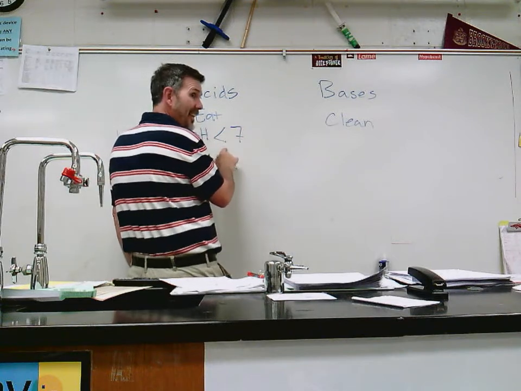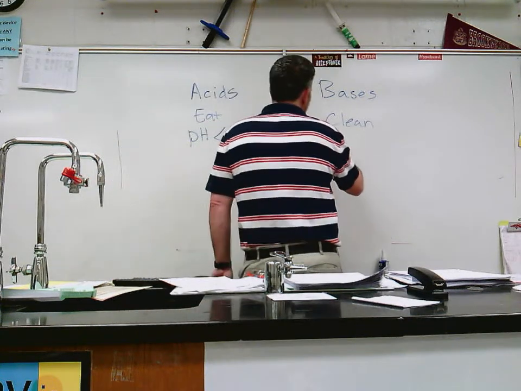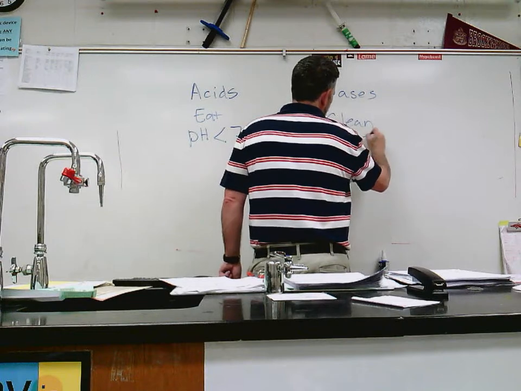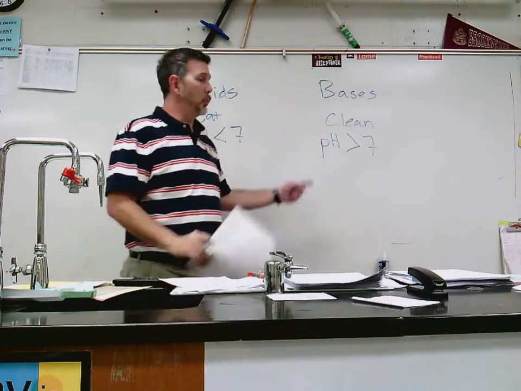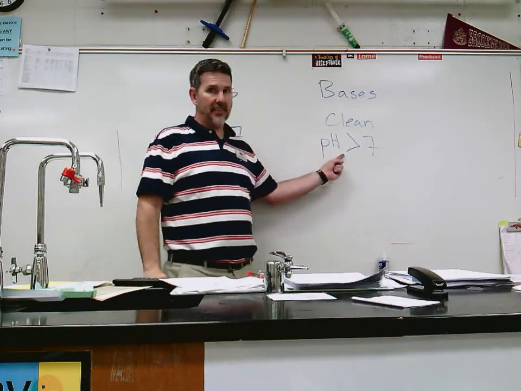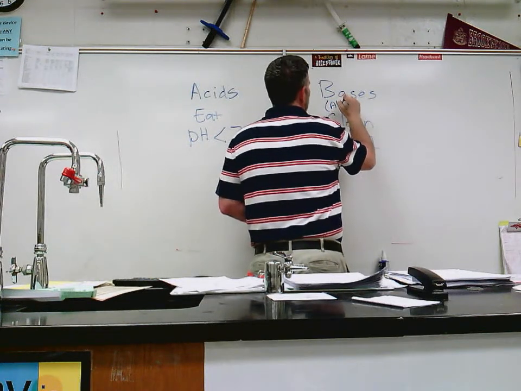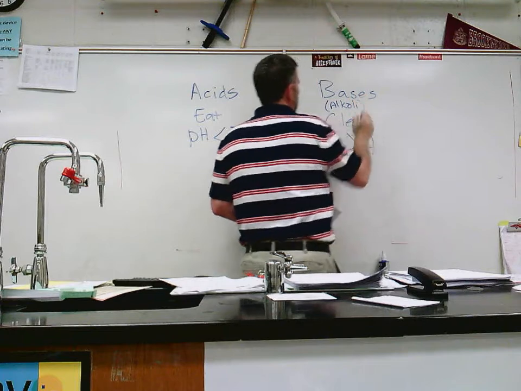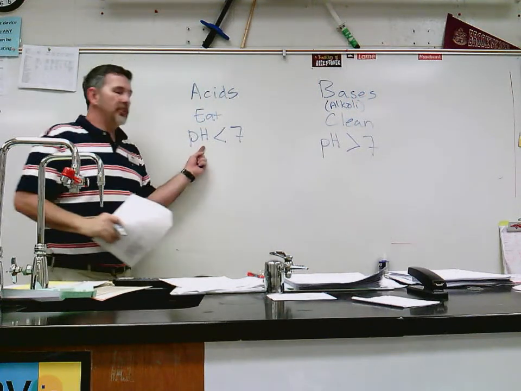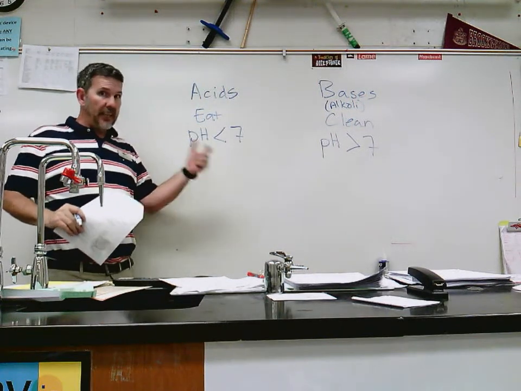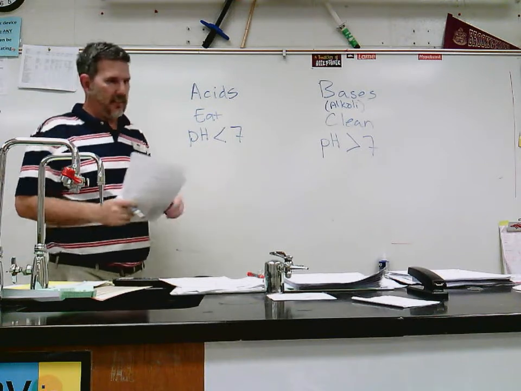That is the less than symbol, people. pH greater than 7, that means 7.1 up to 14, is a base or alkali. Maybe we should do that too. Alkali. pH less than 7, 6.9 to 0, is an acid.